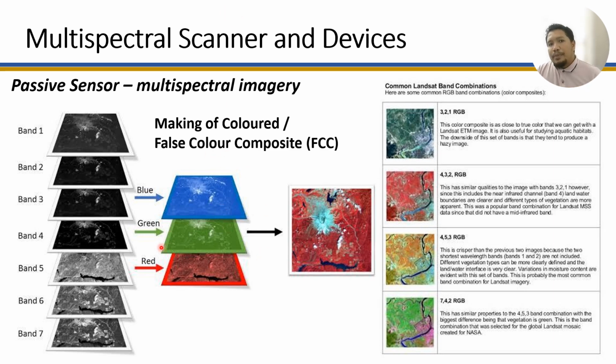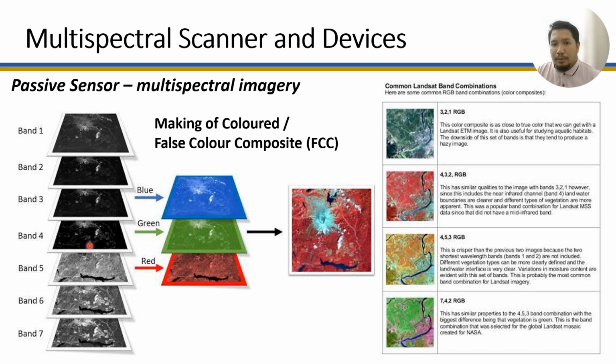However, what if you assign different color bands to the RGB channels? For example, here we will get what we call a false color composite, or FCC. Different FCC images are used for different purposes, as shown in the image. For example, we assign bands 4, 3, 2, which is not the correct spectrum wavelengths, to different channels.